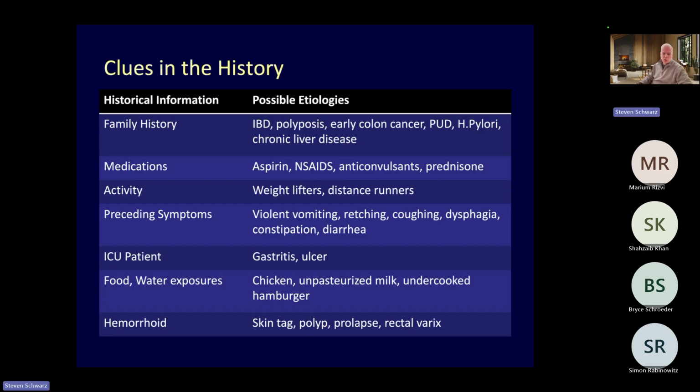So what are the clues in the history? If you have a positive family history of similar presentations, you think of inflammatory bowel disease, polyposis, early colon cancer, and not really peptic ulcer disease, but H. pylori, particularly. You want to know, is this child a child of immigrants, or did the child emigrate from a high prevalence country?